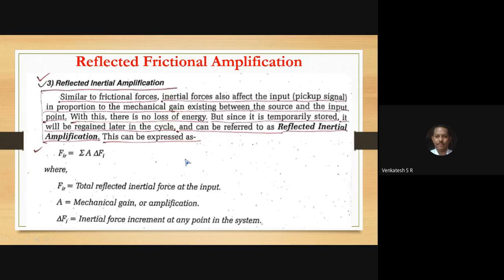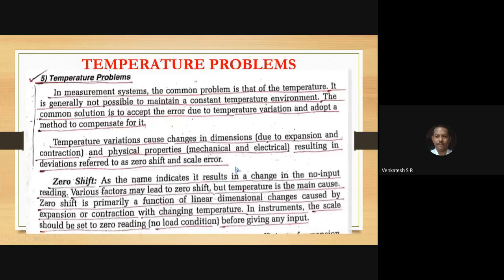Next, the temperature problem. In the measuring system, metallic parts are always present. The components are made of metal. When the metal is exposed to higher or lower temperature, there will always be thermal expansion and thermal contraction due to the mechanical property of the metal.